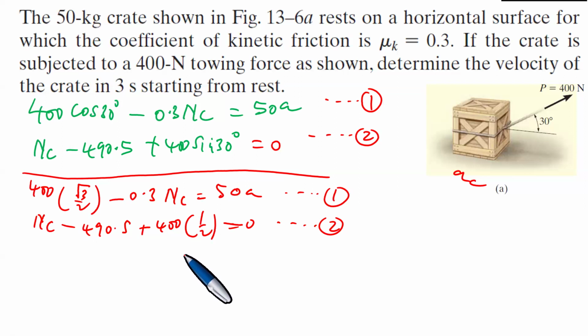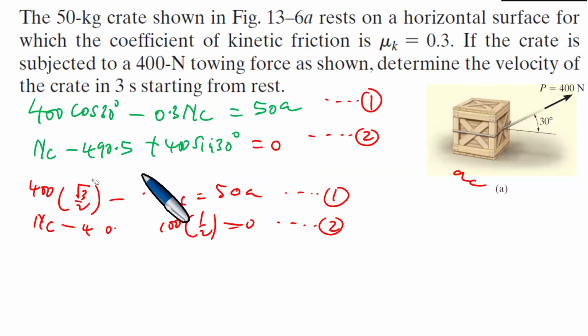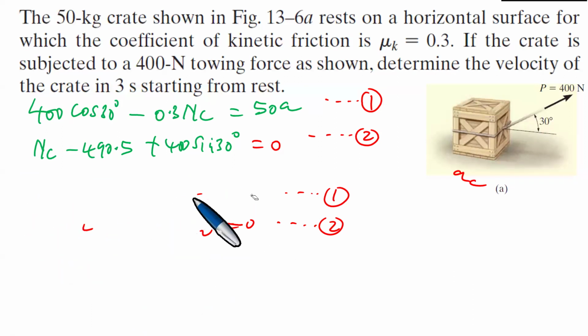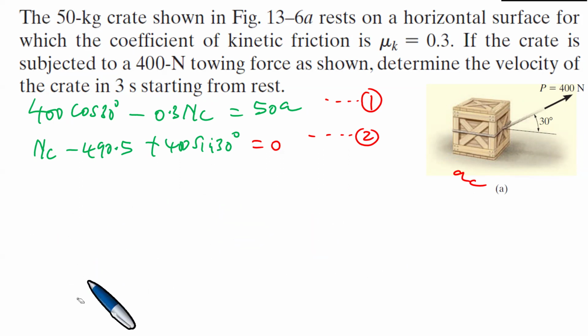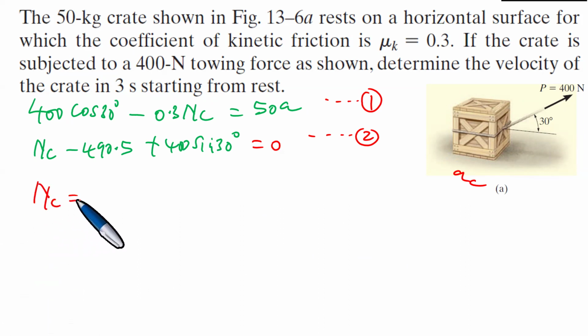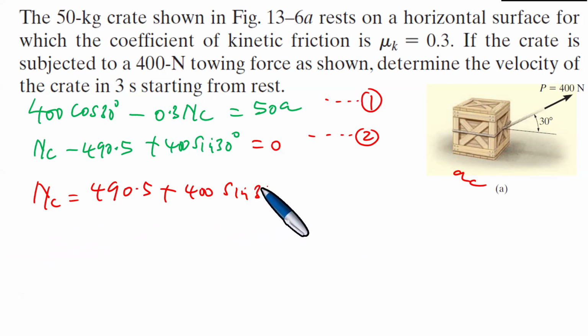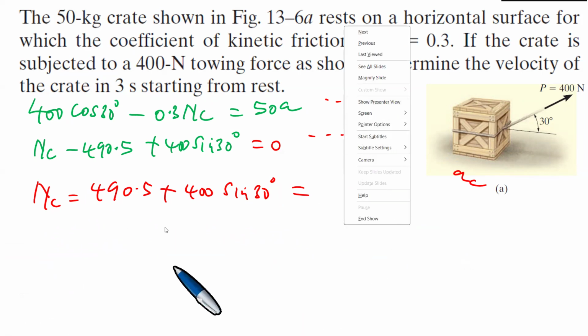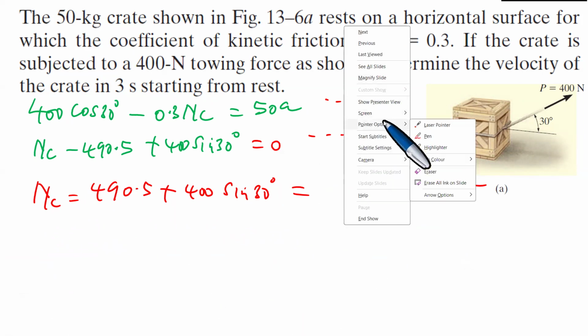What do we do? We can do this, but it's much easier than we think, because this acceleration is only in the horizontal, so it appears in one equation, and we just need to solve for NC in the second equation. We shall just use a calculator and have 490.5 plus 400 sine 30. If we want to save time, we just punch everything into the calculator, and then we can find the normal.